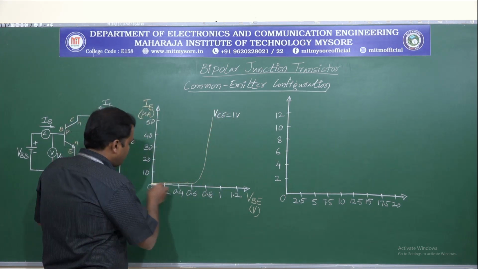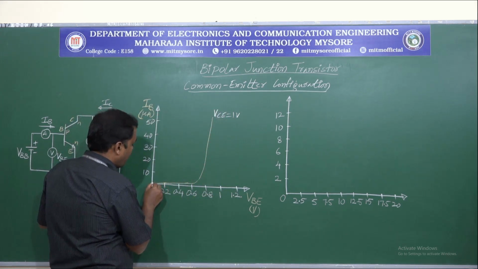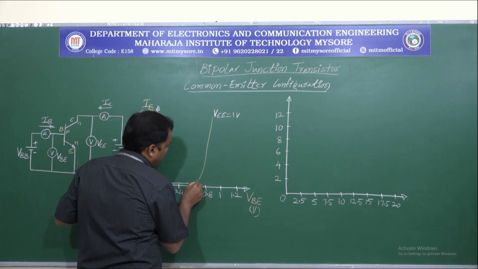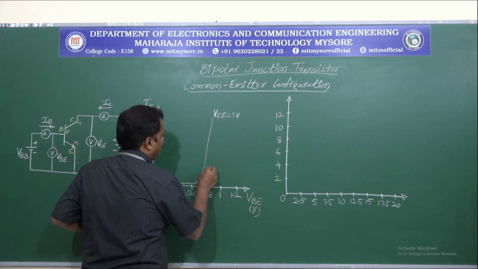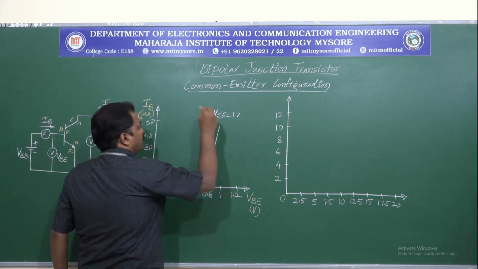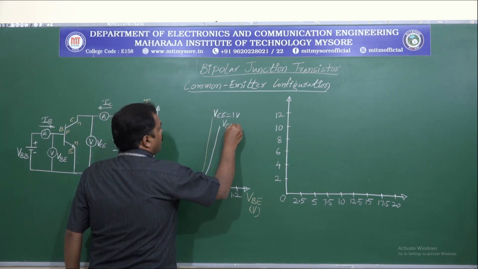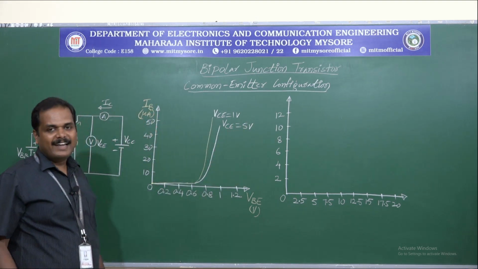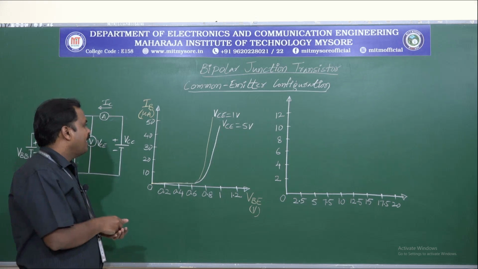Now if I change the level of VCE, if I increase VCE, let us say VCE equals 5 volts, then there will be a reduction in the input current IB.